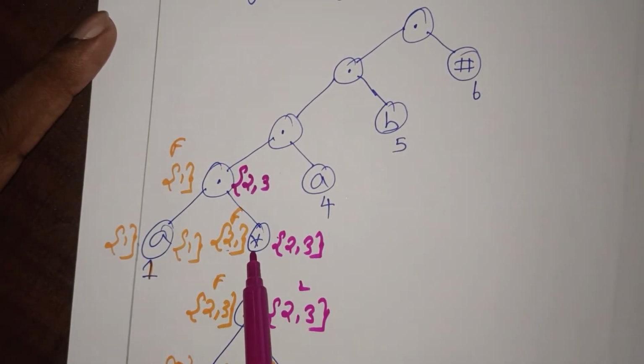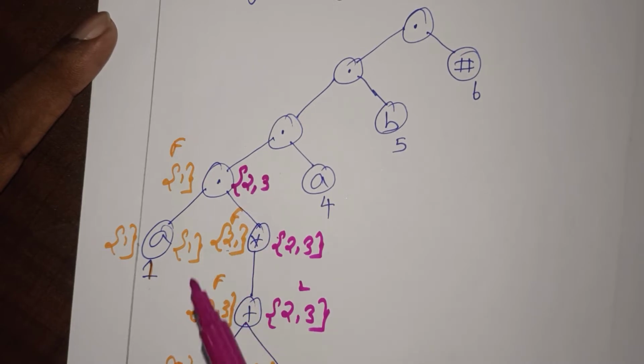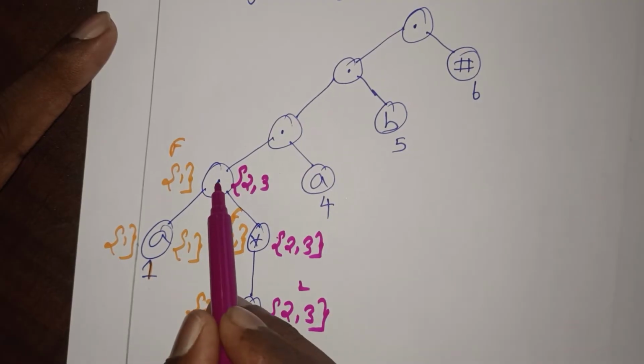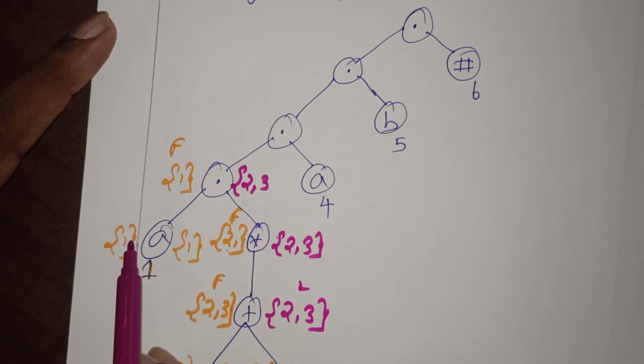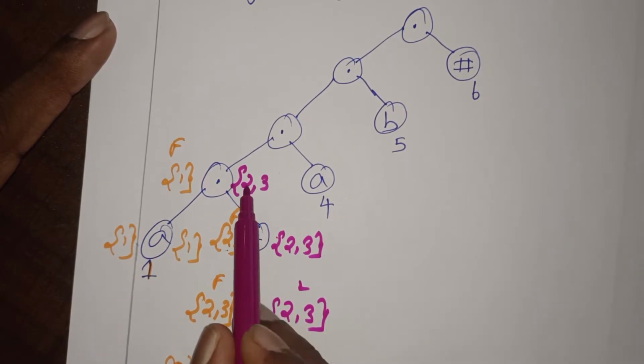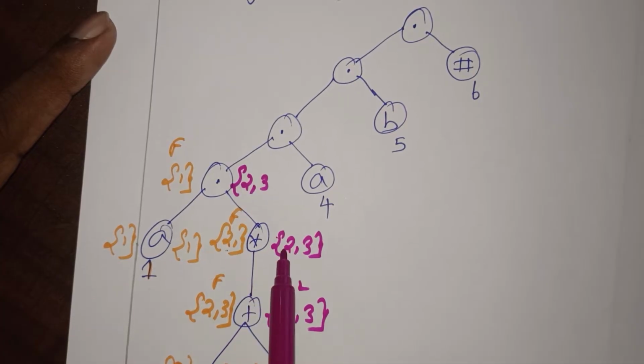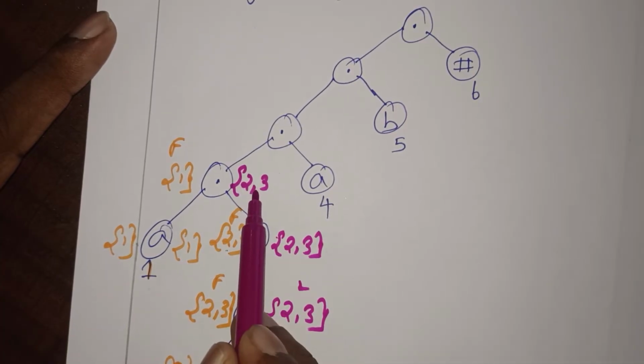And then, as I told you already, this closure has a possibility of having a null value. So what are we supposed to take? This dot, if it finds this as null, then it will take the union of both of these values. That's the point. Both of these values, 2 comma 3, I have already put here.